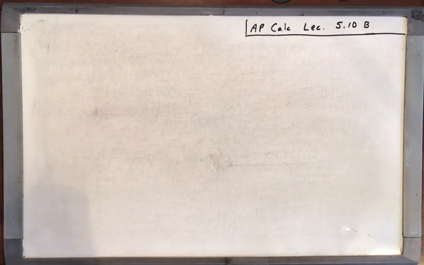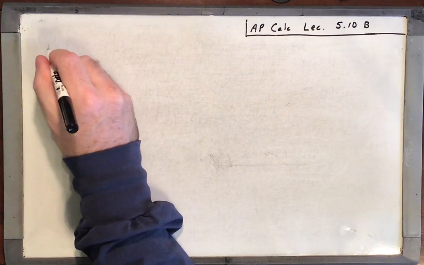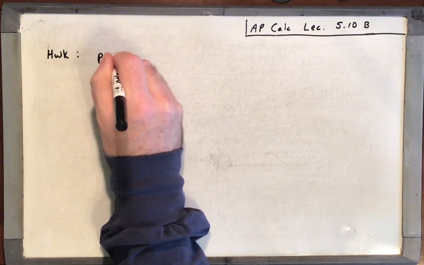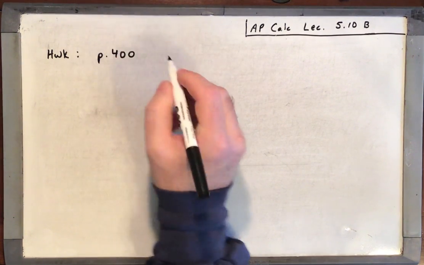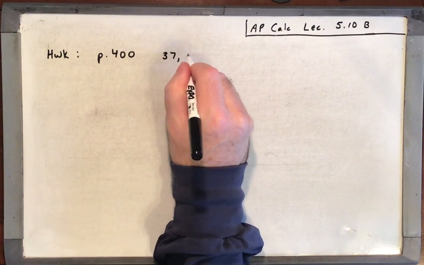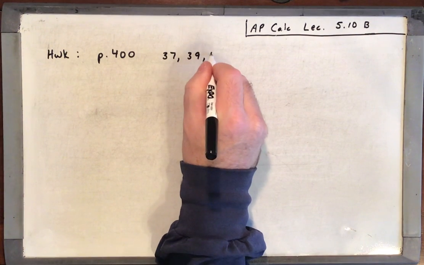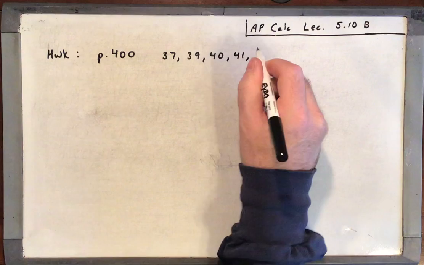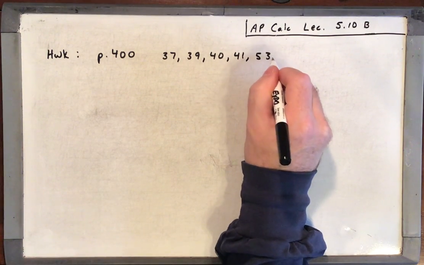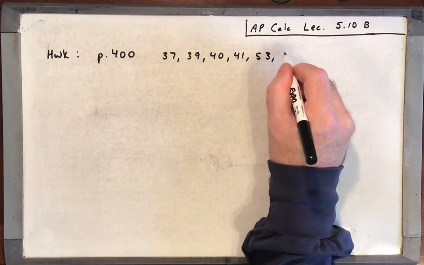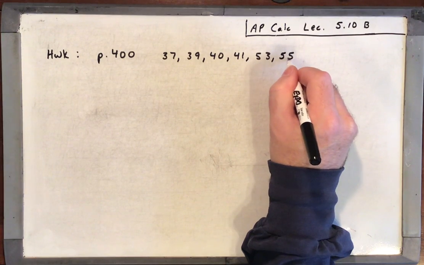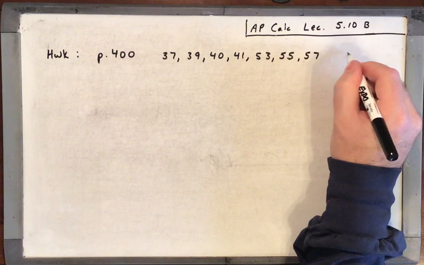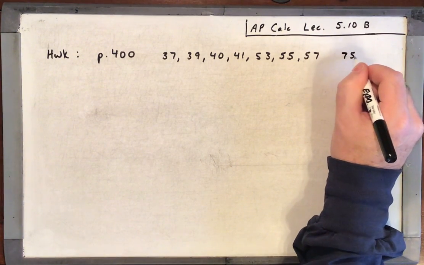Okay, so the homework is on page 400, 37, 39, 40, 41, 53, 55, and 57. Now on your schedule sheet, it also shows 75 and 76.